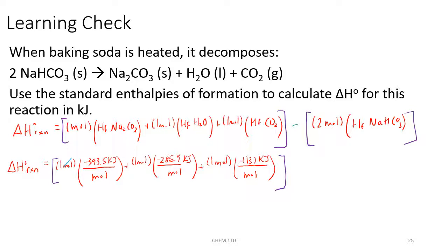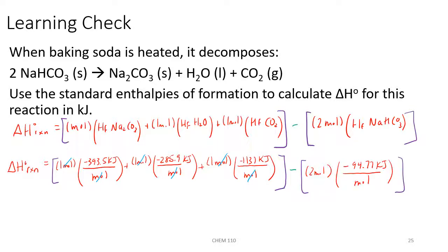Notice that the moles cancel when we multiply by the coefficient from the balanced equation, and we're just left with kilojoules. We're going to subtract off the sum of the heat of our reactants. We have 2 moles times the heat of formation for our baking soda, which is negative 94.77 kilojoules per mole.